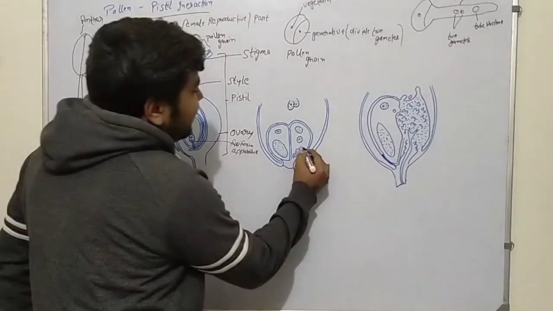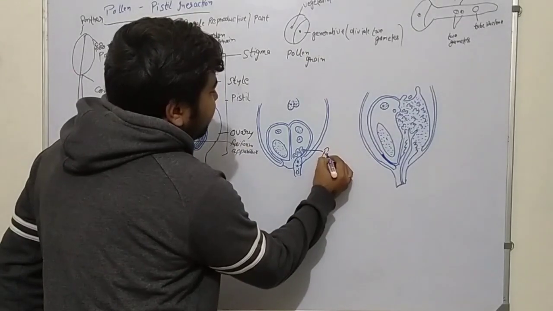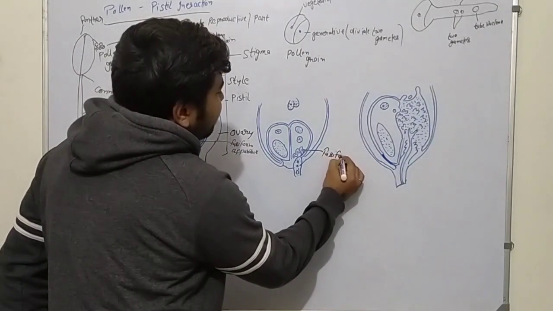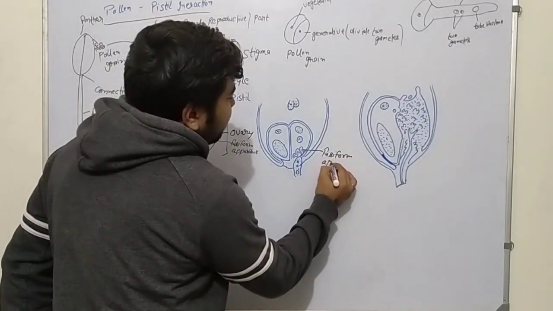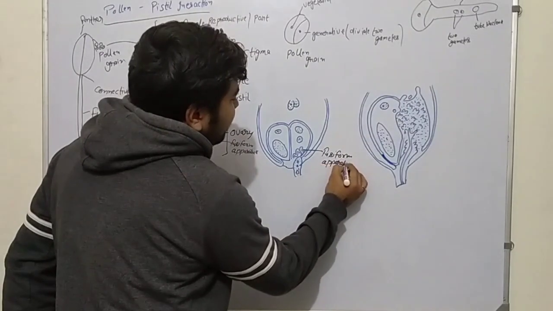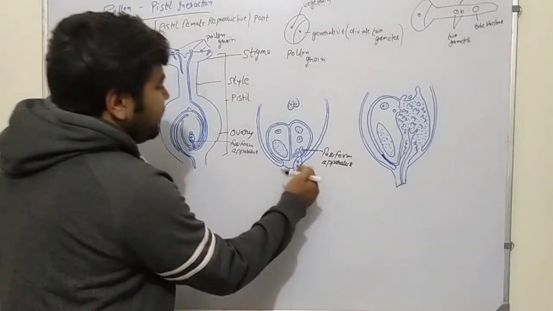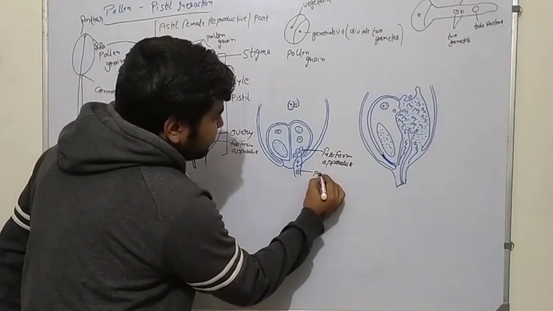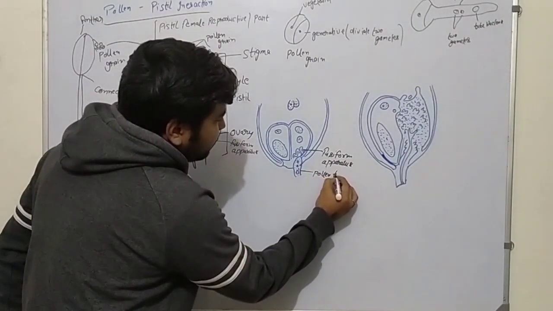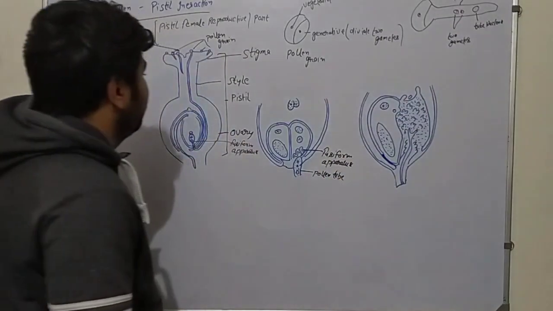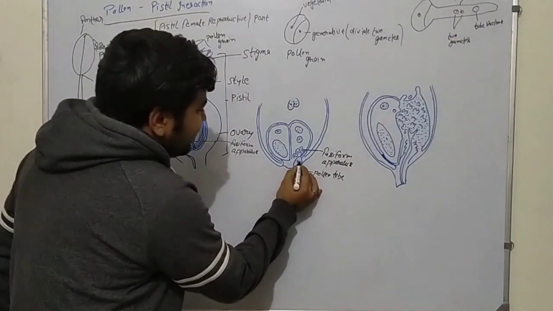As you see in the diagram, this is the filiform apparatus. The filiform apparatus guides the pollen tube. This is the pollen tube. These are the two gametes.